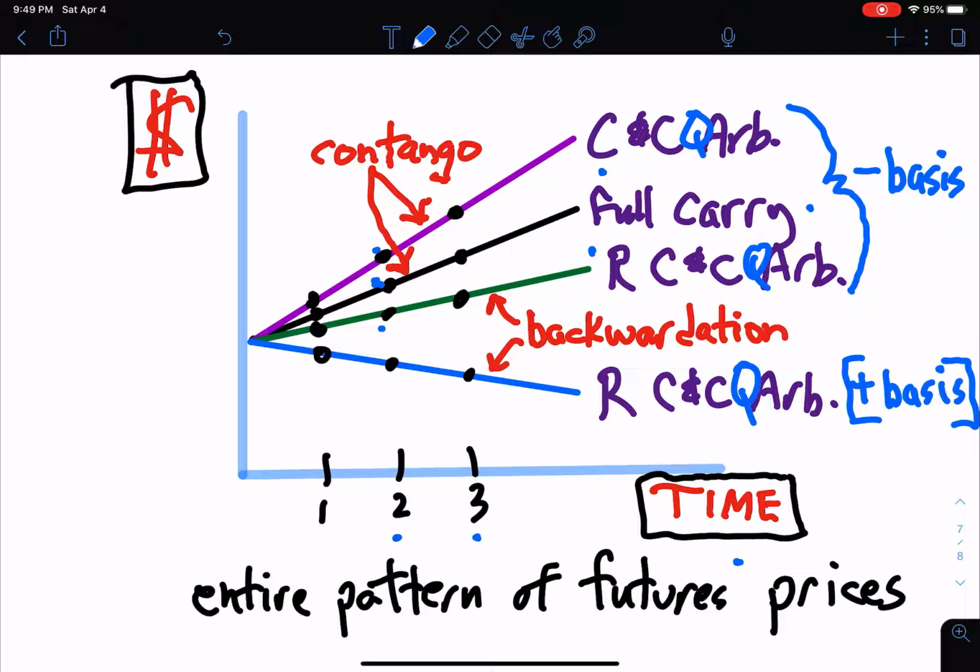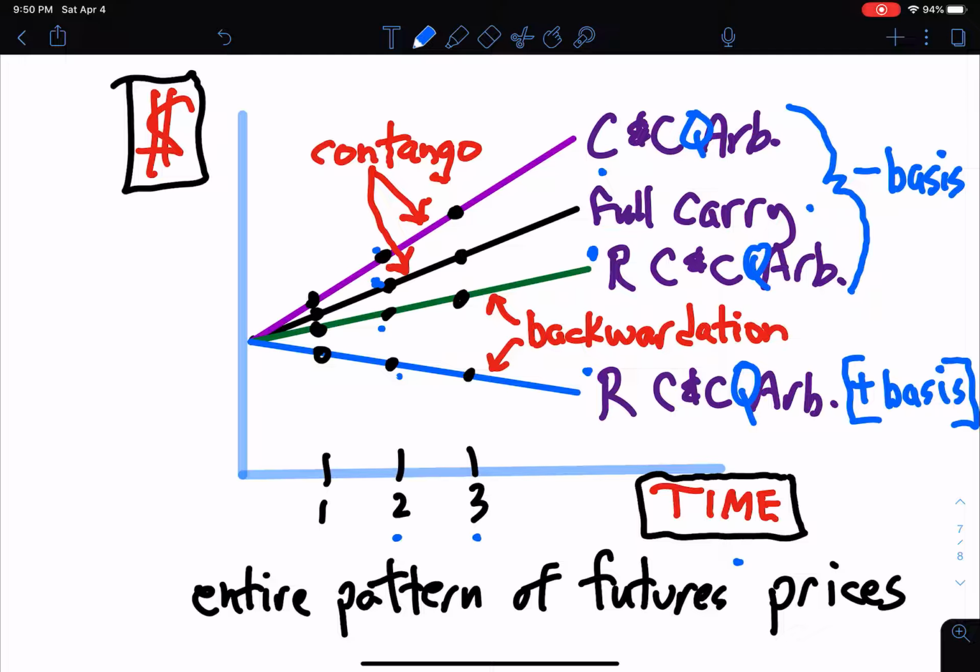Now, the negatively sloped blue line is another reverse cash and carry quasi-arbitrage circumstance. In other words, using the second month contract again, we have the futures price lower than it should be in full carry, so a reverse cash and carry arbitrage or quasi-arbitrage would be desirable. So we have 2 circumstances where reverse cash and carry arbitrage is appropriate.